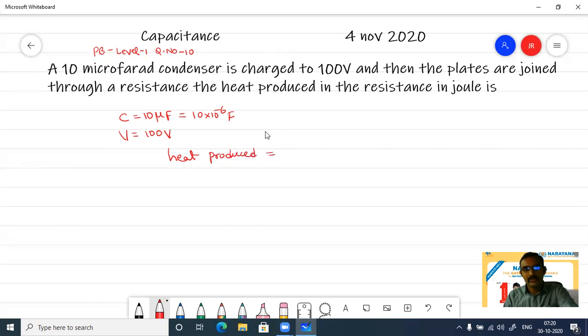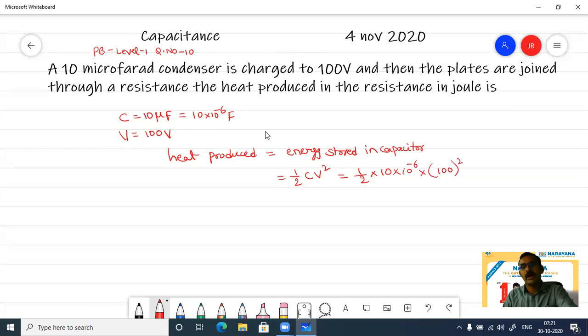That is nothing but the energy stored in a capacitor. So what is the formula for us? The energy stored in a capacitor is half CV square. Then substitute the values: half into C value 10 into 10 to the power of minus 6 into V value 100.